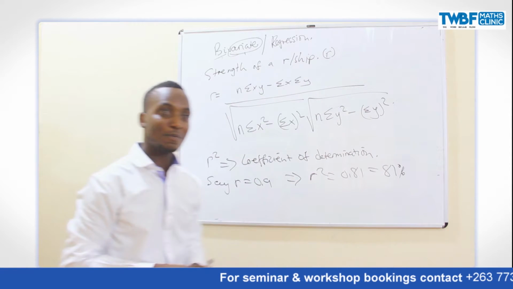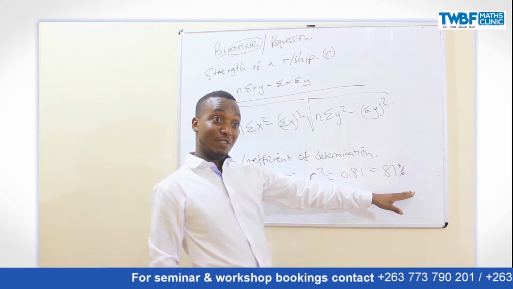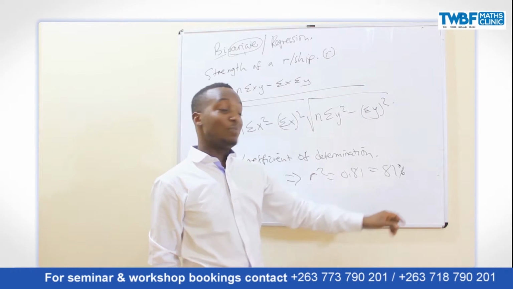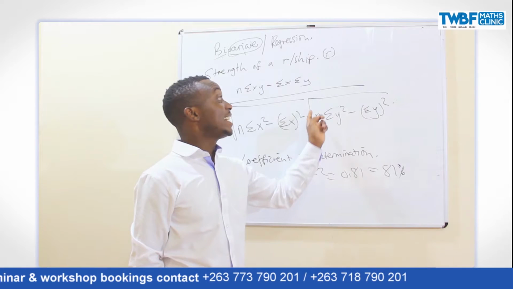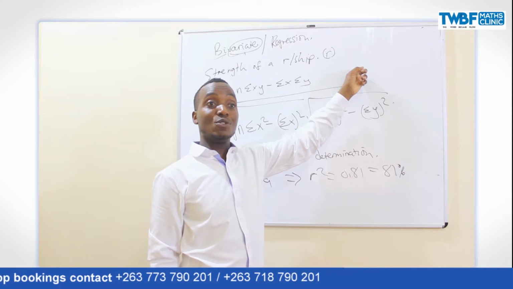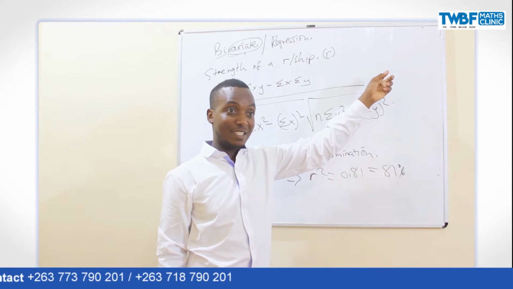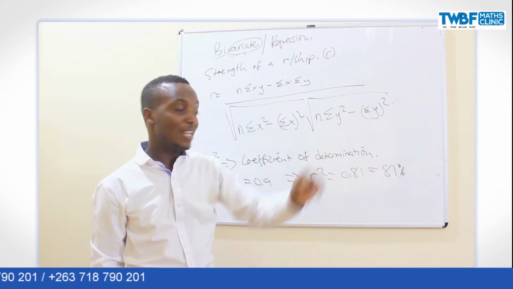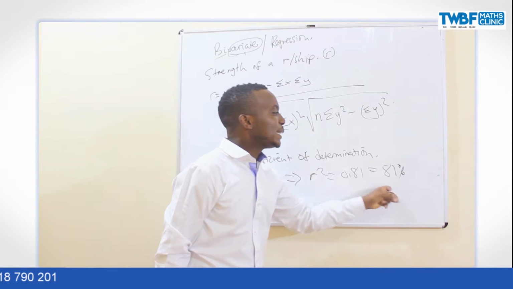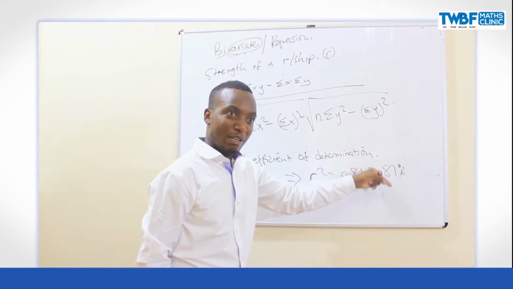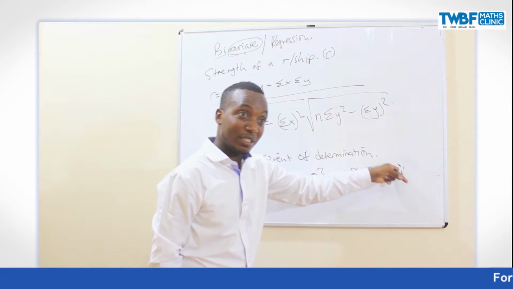Don't be confused. This is the percentage that you get for R squared. It means the regression equation, which was y equals beta naught plus beta 1x, which is y equals mx plus c, can only explain this percentage of variation in our yield.